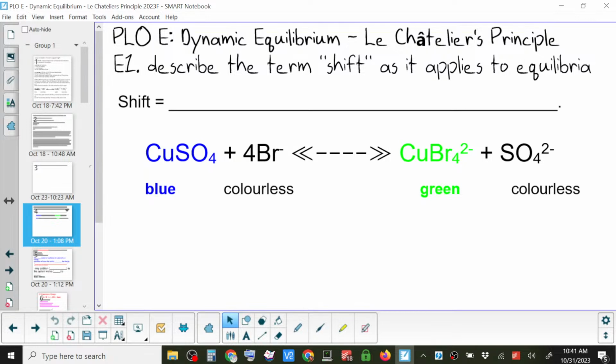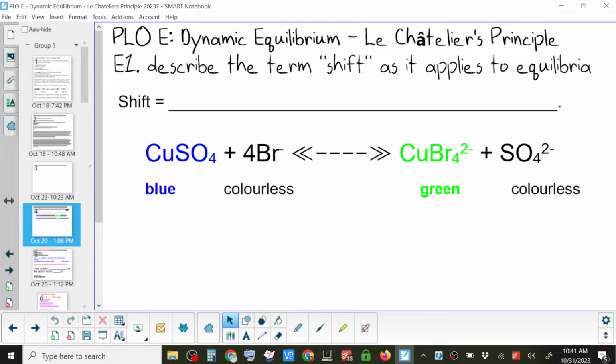So ammonium sulfate, add 50 grams. I hope I have the right one. Hold it, are these already pre-weighed? It turns out to be exactly 50 grams.